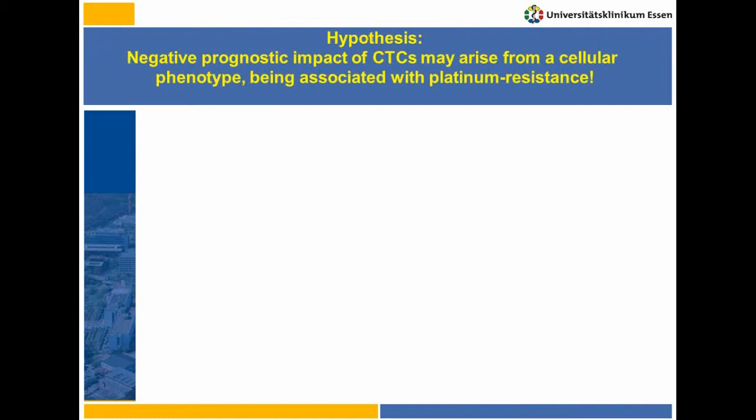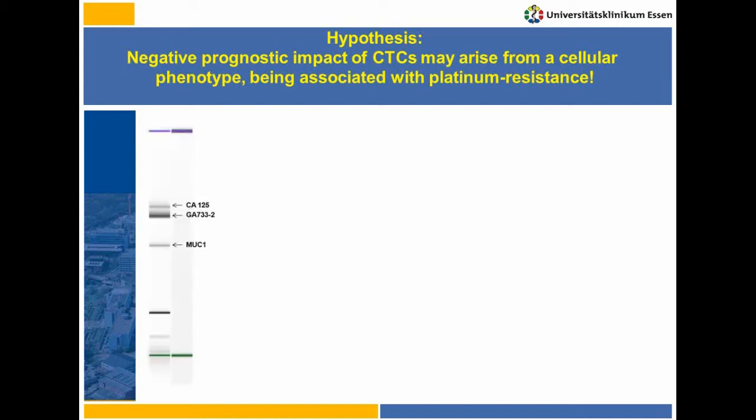Now, the hypothesis, or the question, was whether the negative prognostic impact of CTCs perhaps arose from a cellular phenotype being associated with platinum resistance. We already knew from our bone marrow results that stem cell-like cells play a role, but our main goal was to look for platinum resistance.